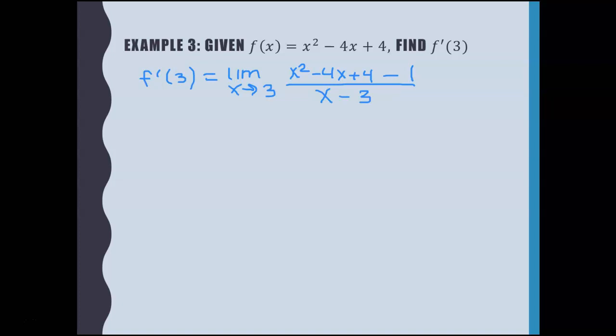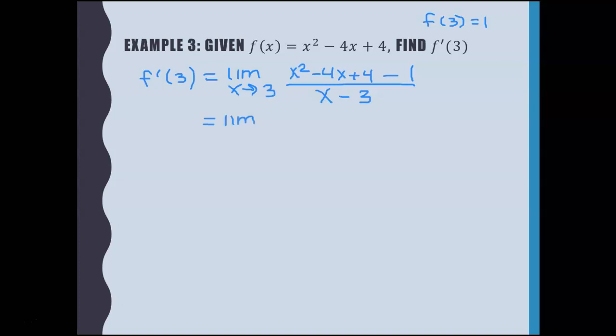Because again, it's f of x minus f of a all over x minus a, where in this case f of a is f of 3, which equals 1.